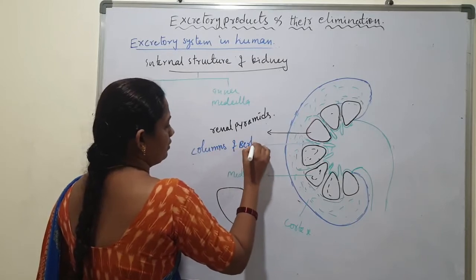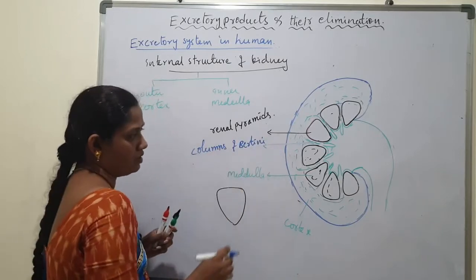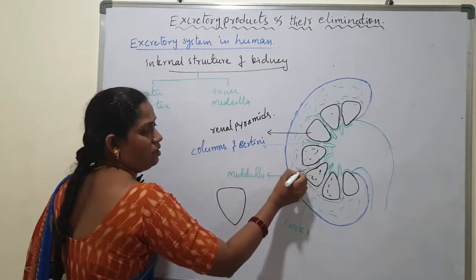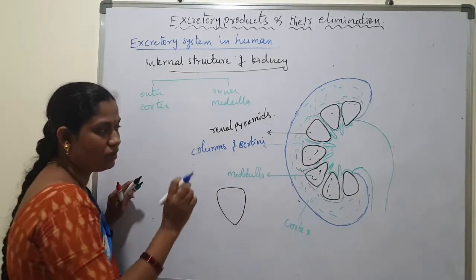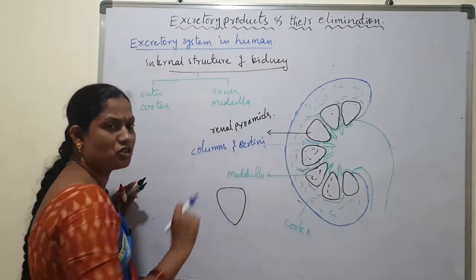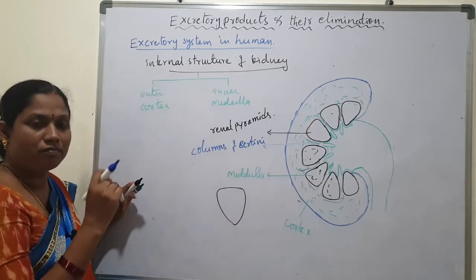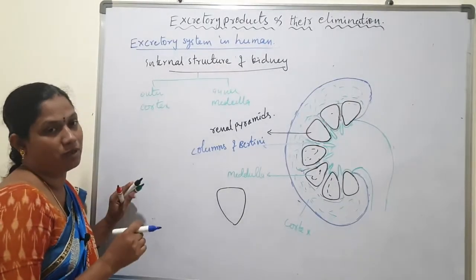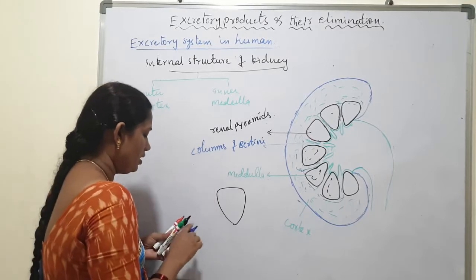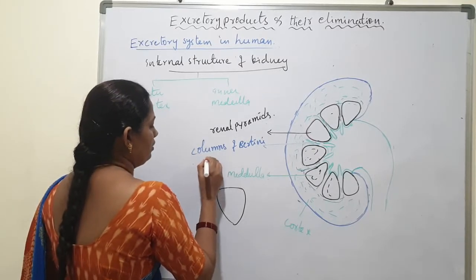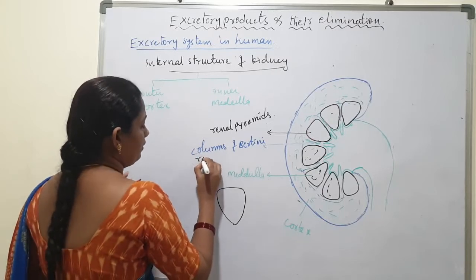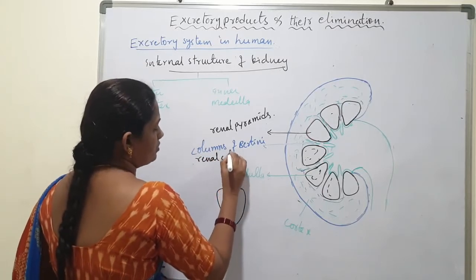Whatever cortex is extended into the medulla region forms a column shape in between the pyramid shaped structures. So these are called columns of Bertini, or renal columns.